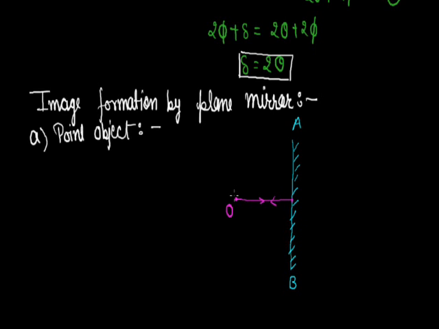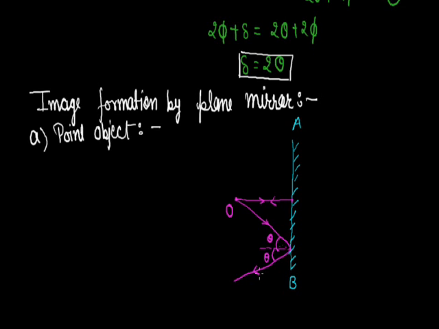Now suppose a second light ray from this point object is incident on the plane mirror surface making an angle theta from the normal. From the laws of reflection, this will reflect in the same medium by making the same angle theta from the normal.